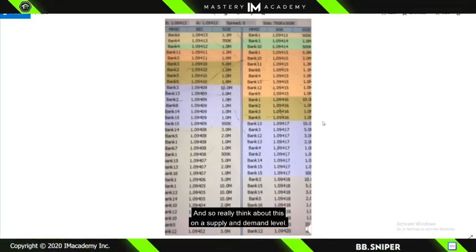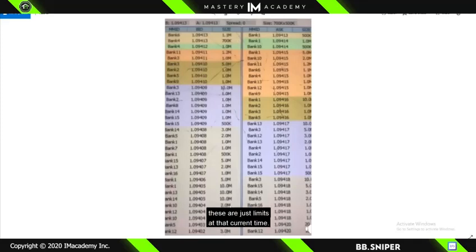And so really think about this on a supply and demand level. What I mean by that is an example right in front of you. Just look at every single price point. Notice how they change per pipette. These micro pips are barely changing in price, but look at the size of these orders.